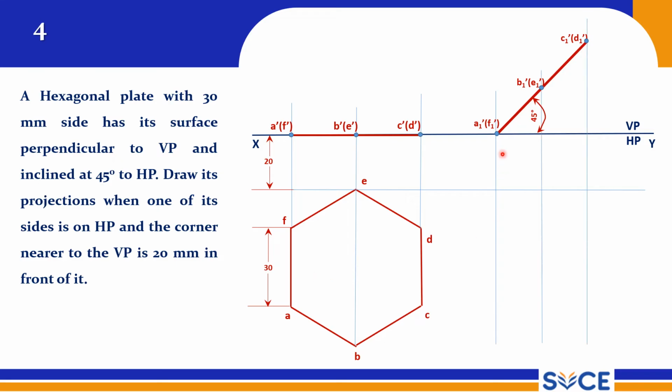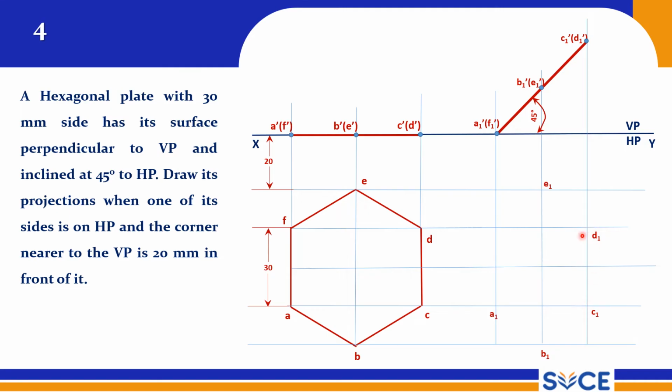So from each and every point you draw projectors from the front view, and from the top view also draw the projectors. Now you have to mark the points. So this is the A projector, A and C projector. So mark A1, and this is the B projector. The corresponding intersection point is your B1, and here this is C1, right?